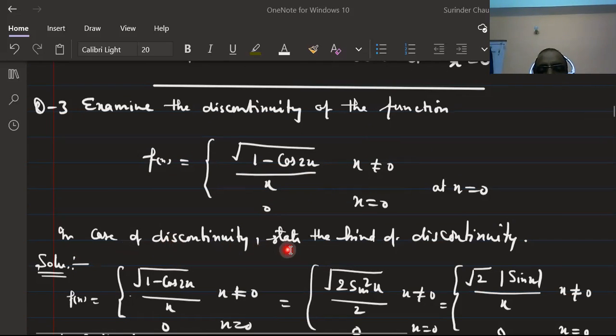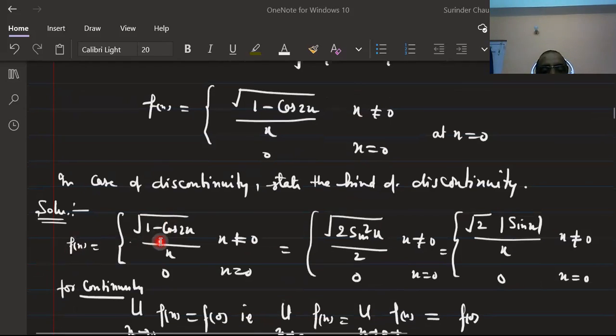In case of discontinuity, we check the type of discontinuity. If this function is discontinuous, we'll decide which kind. Now f(x) is root of 1 minus cos 2x over x for x not equal to 0.